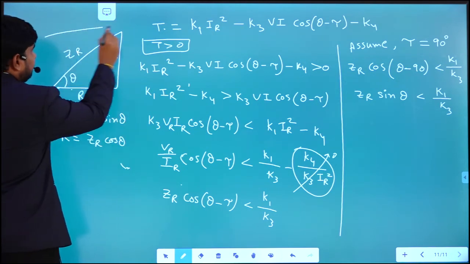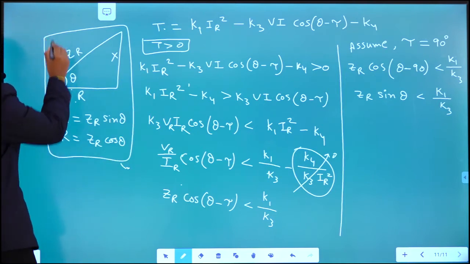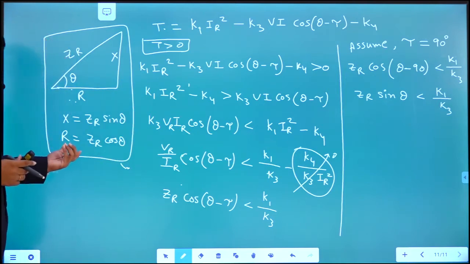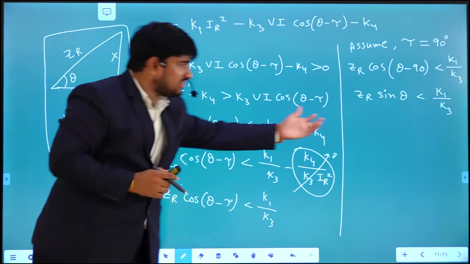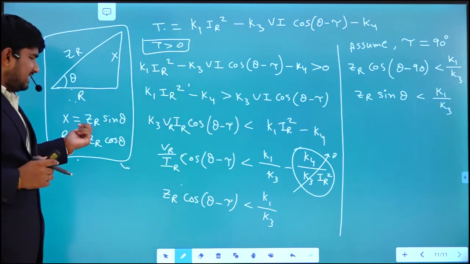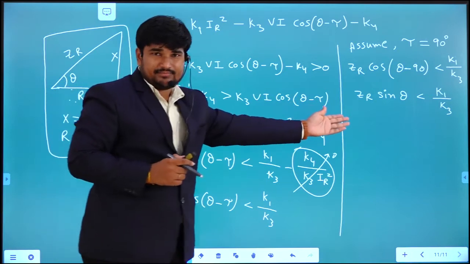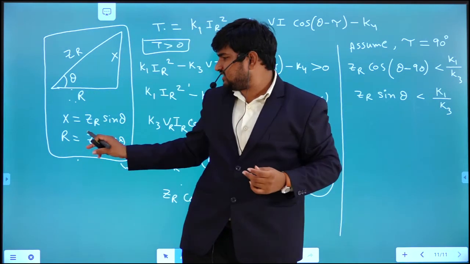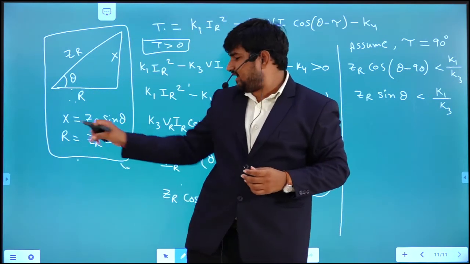These terms are from impedance characteristics. So by comparing these two, what is ZR sin theta here? ZR sin theta is X, right?